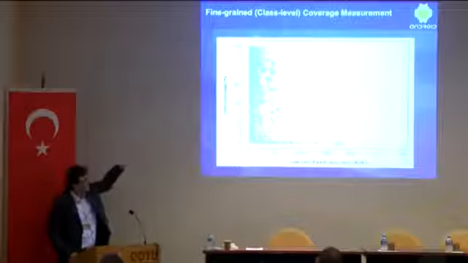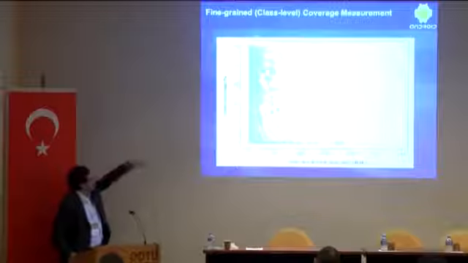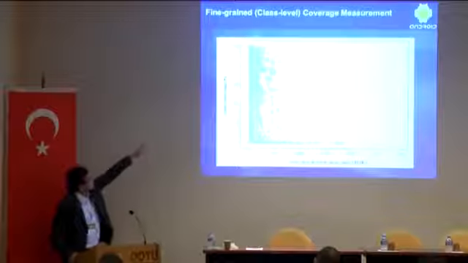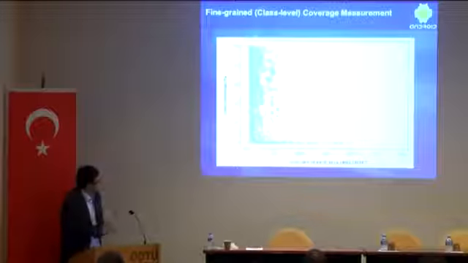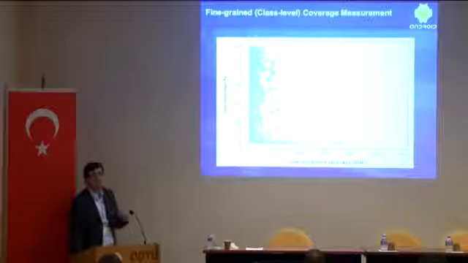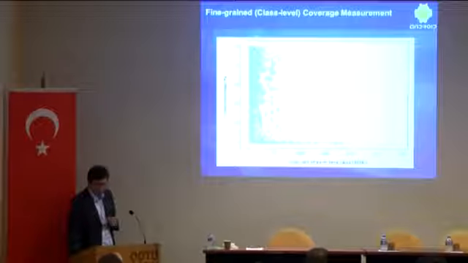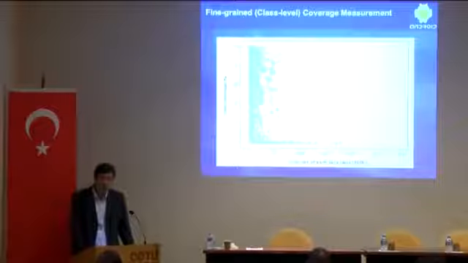There were about 10,000 classes, 9,000 something, and then line coverage. Again, you see a variety across the spectrum. There were many Java classes of different sizes with zero coverage, meaning they had not been tested. But at the same time, there were some classes that have been tested quite rigorously. Again, we tried to find the reasons why that's the case.